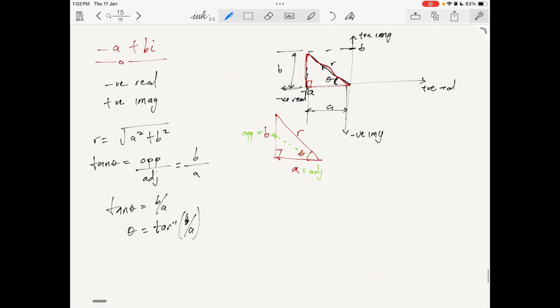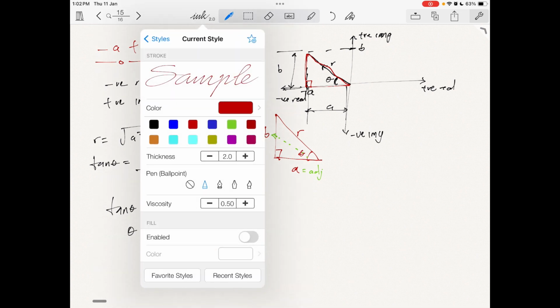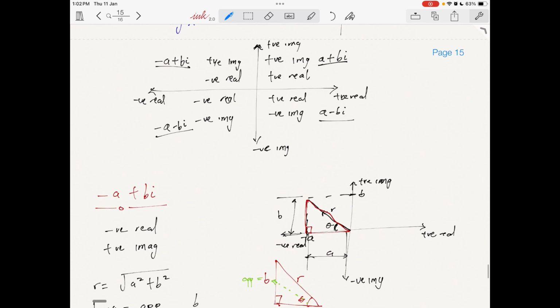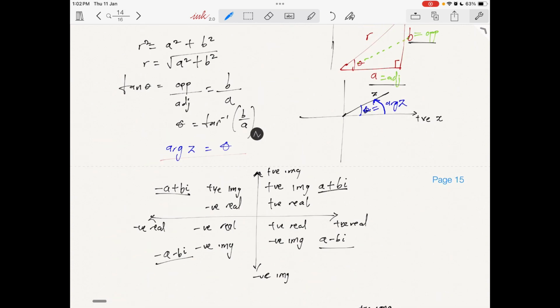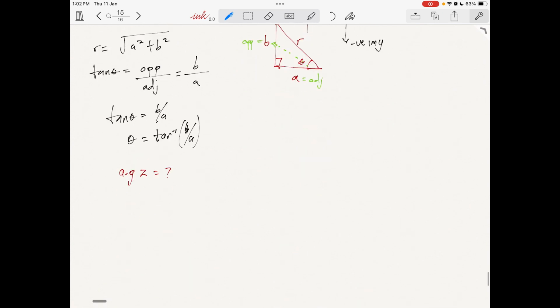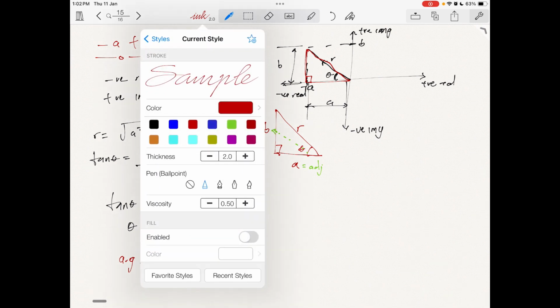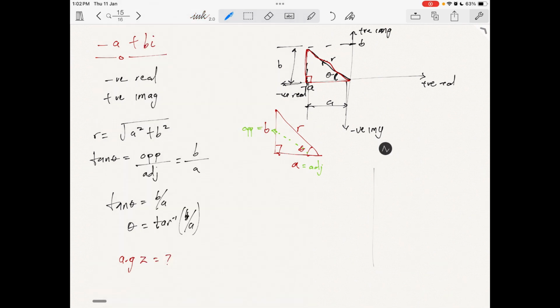If theta is arctan b over a, what then is argument z? In the first instance, we said argument z is equal to theta. Now, what happens to argument z? Is it changing here or is it going to remain the same? Let's take a look again at the Argand diagram.